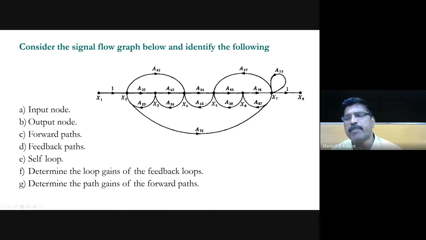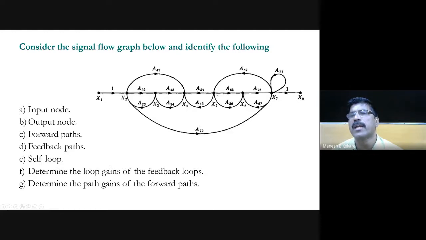So this is the third forward path. That's why you have to be very careful while identifying the forward paths and loops and so on. If you miss any one, then your overall transfer function may be wrong, right? So we have identified there are three forward paths. Then what are the feedback paths or feedback loops? See that this is one feedback loop. Then this is the second feedback loop. Then this is the third, fourth, and fifth feedback loop.